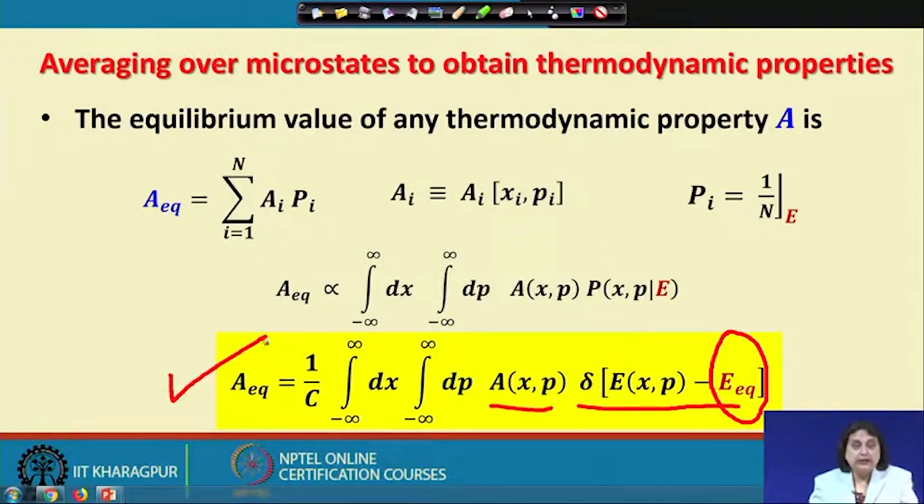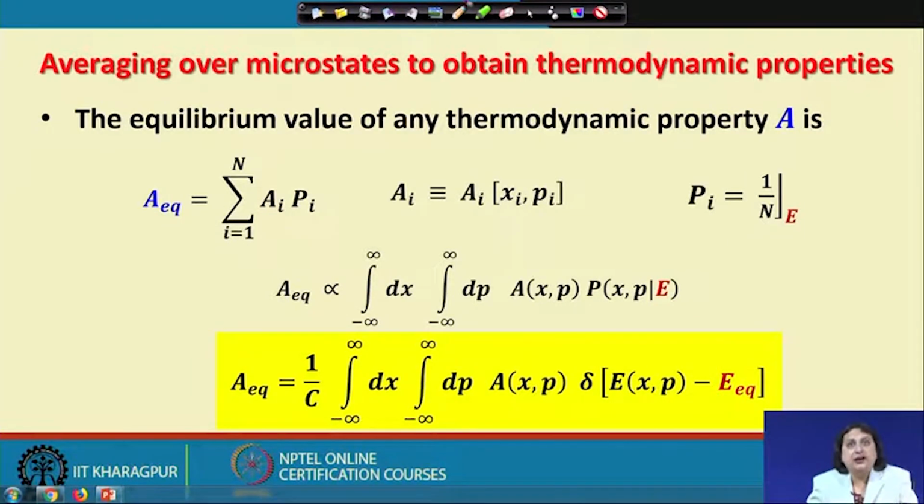So, once I know this, I would understand that if I have information regarding the microscopic states of the system, I should be able to find out the equilibrium properties, just as I have done in the case of the quantum systems.